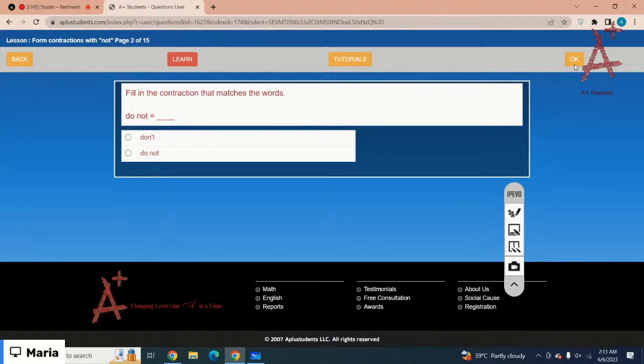When you put them together, you skip some letters from the second word and put an apostrophe there. Like do not, you skip O from the not, and you have an apostrophe between N and T because you skipped O. So it would be don't. Don't is the contraction of do not. Option number one is the correct option.